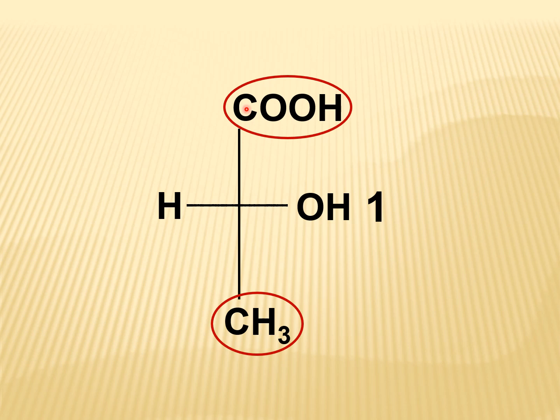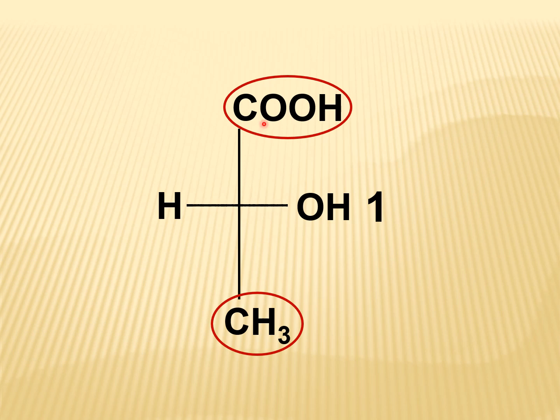Let us look at this. In COOH, the carbon is connected to a double bond oxygen and a single bond oxygen. A double bond is equivalent to two single bonds, so you can assume that this carbon is connected to three oxygens. Here this carbon is connected to three hydrogens.